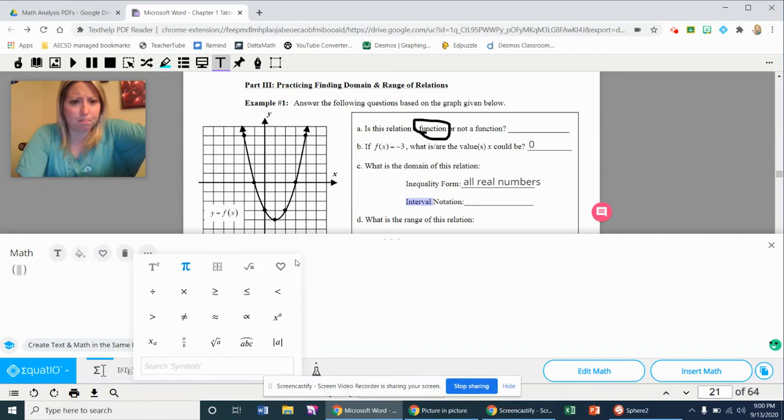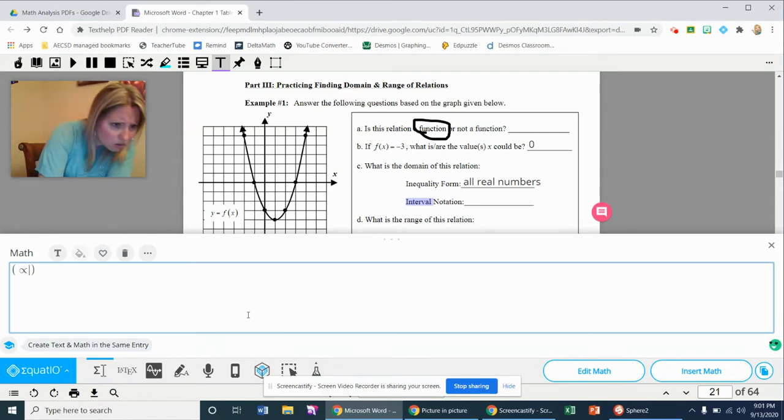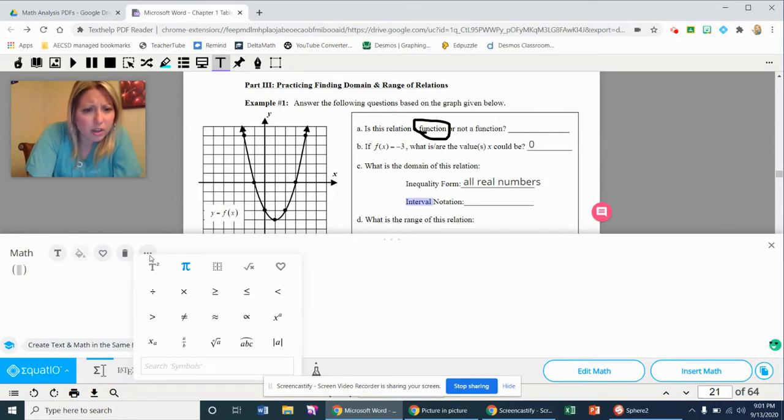Did I miss them? That's not infinity, though. It's close. It's not quite. I guess that's the best I can do.